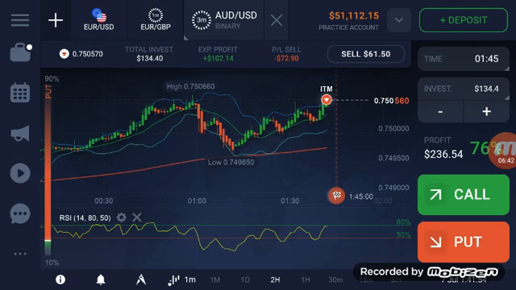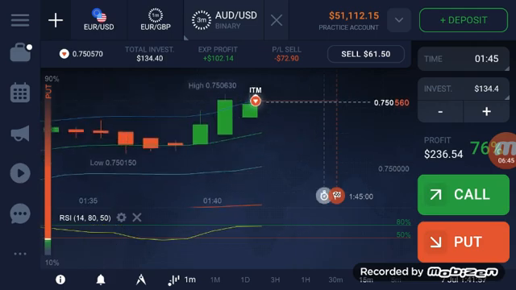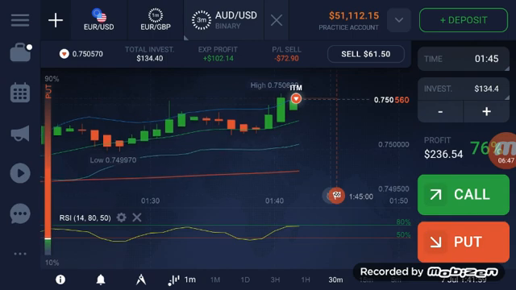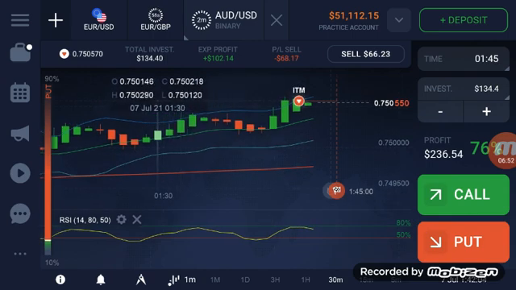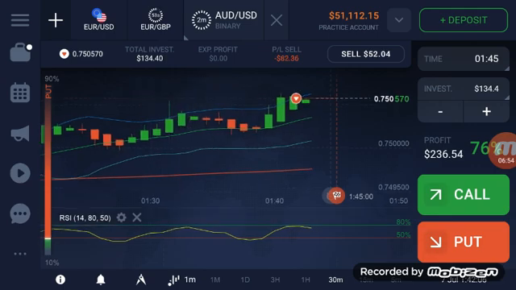Because those three candles right there at the end are really tall. They had the same strength as these candles, which are small. So I think the reversal is coming right there.